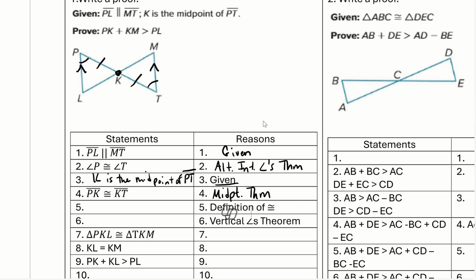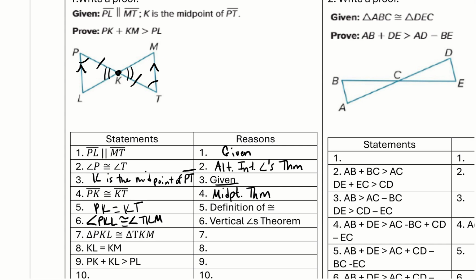All right, and if PK is congruent to KT, that means PK has to be equal to KT by definition of congruence. And we got some vertical angles here for number 6. So notice that these two angles are vertical, right? So vertical angles theorem, angle PKL is congruent to angle MKT, or TKM, same thing.